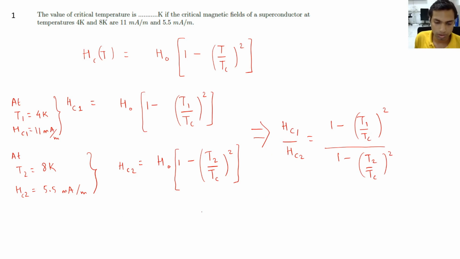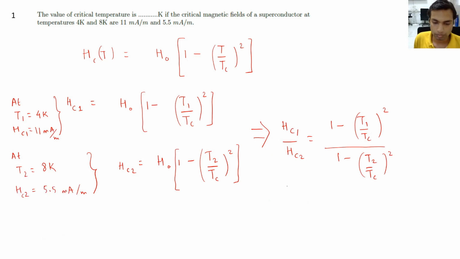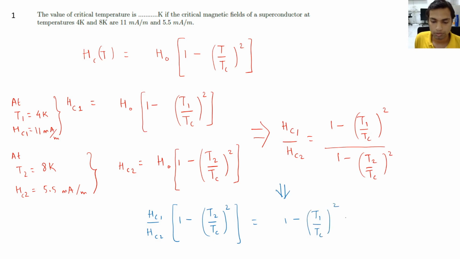So Hc1 over Hc2 times 1 minus T2 by Tc square is equal to 1 minus T1 by Tc square. So we just need to rearrange now.